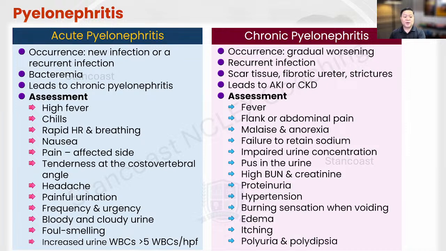Now, there's also polyuria and polydipsia, and the reason for that is that the body is actually going to lose so much of the water because of the proteinuria. Again, remember the action of the protein as a sponge effect, which is no longer there.